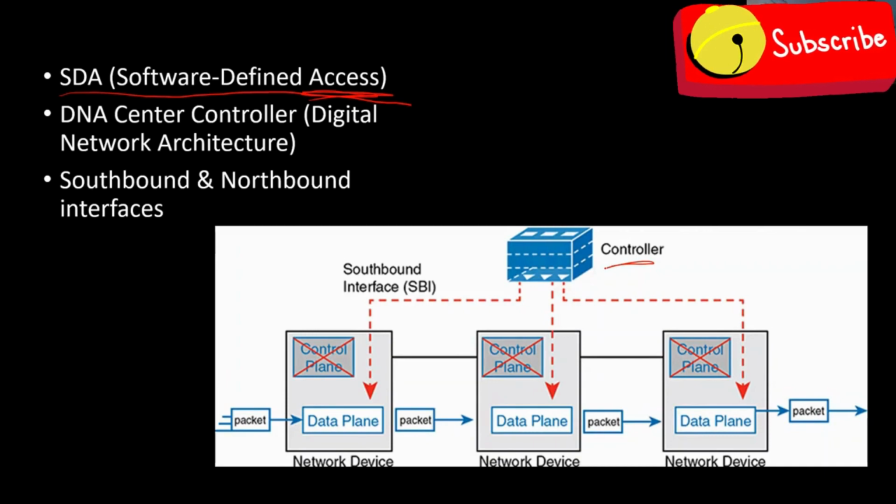SDA is the same thing, but more on an access layer, which again, as we know from access layer, is where our end devices and hosts come into our network. And it's all software defined, right? So I do want to point that out. SDA, SDN, you'll see those terms used the same way, okay?